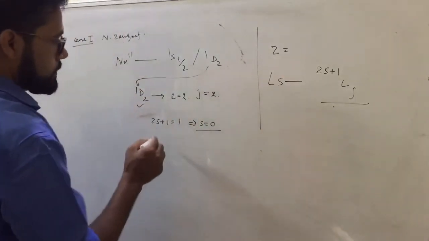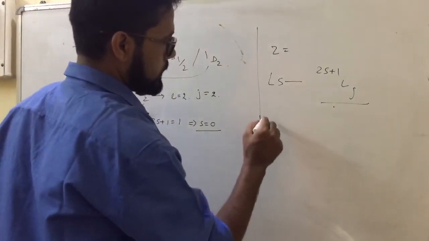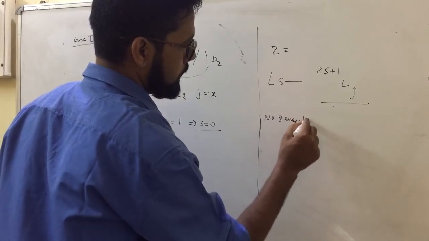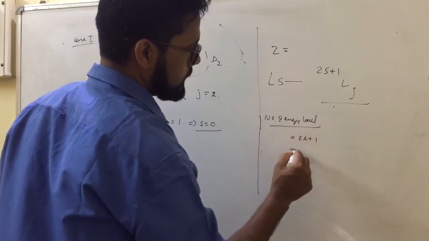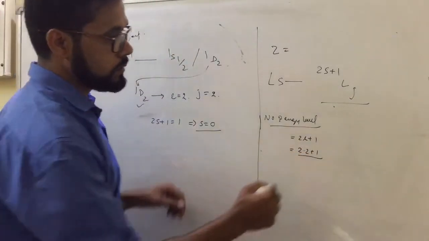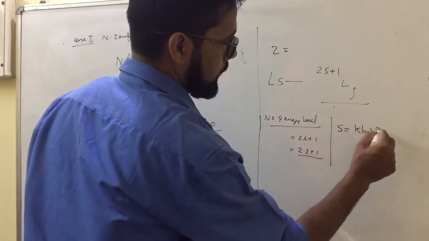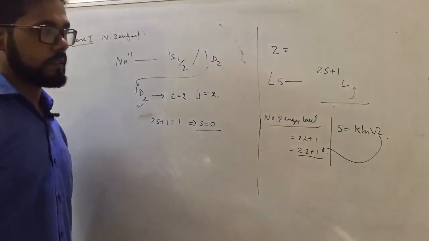Okay. Now if you want to calculate the partition function, the number of energy levels is equal to 2L plus 1, with L equal to 2, so 2 into 2 plus 1. This is the number of microstates, because this will be required if you want to calculate k ln omega. Omega means this one, the number of microstates.